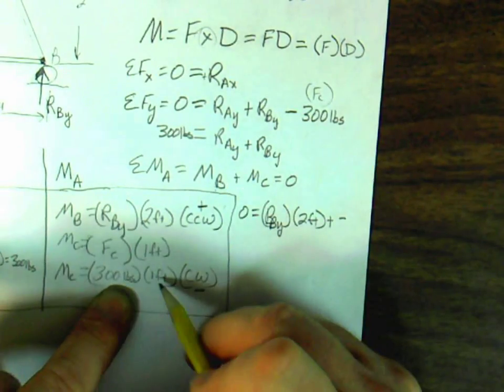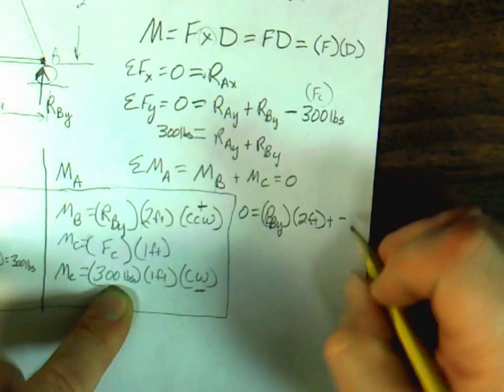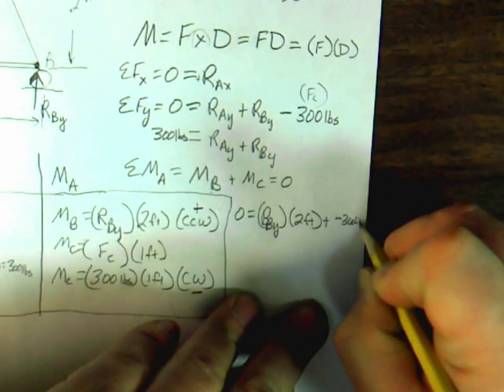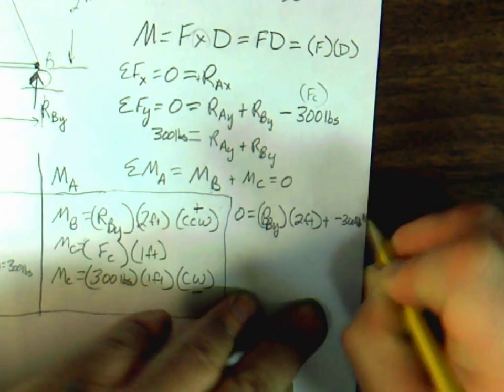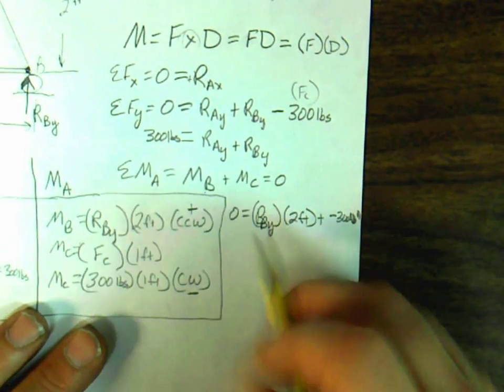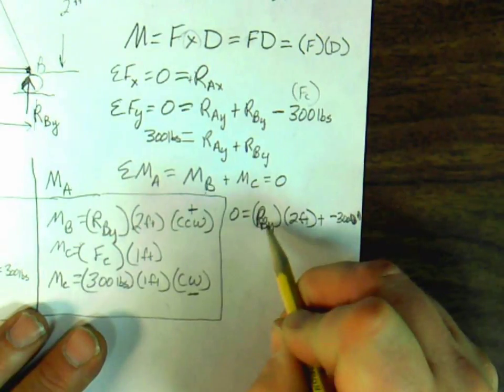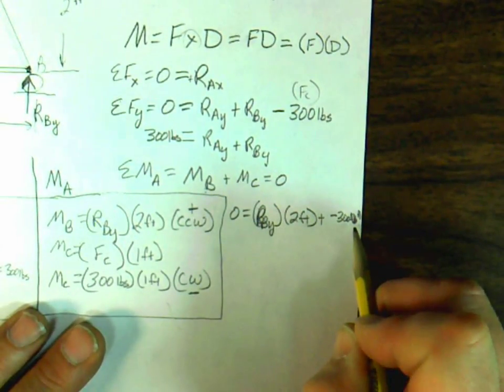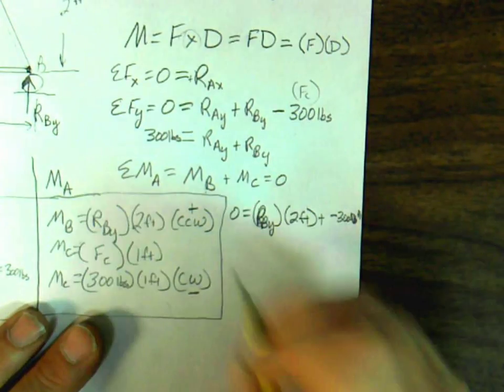Alright, now we're left with RBY times 2 feet minus 300 pound-feet equals 0. Now we go back to our algebra. Add 300 pound-feet to both sides. We end up with 300 pound-feet equals RBY times 2 feet.